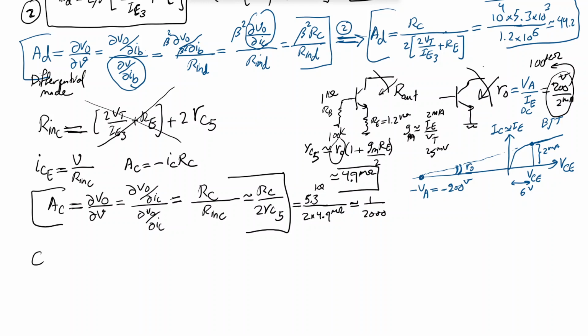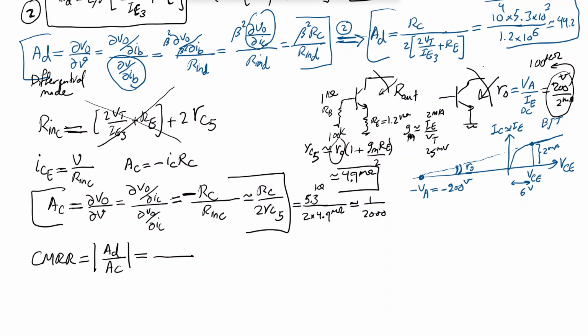So finally, CMRR is the absolute value of the differential mode gain to the common mode gain, which in this case is 44 divided by 1 over 2000. Let me just make sure I'm not making a mistake here.